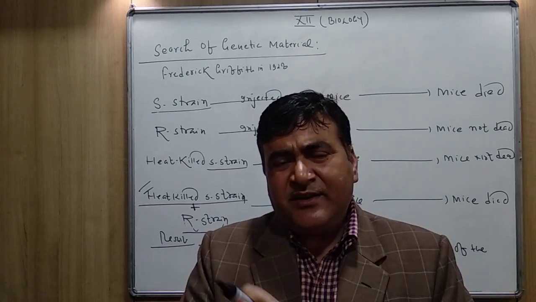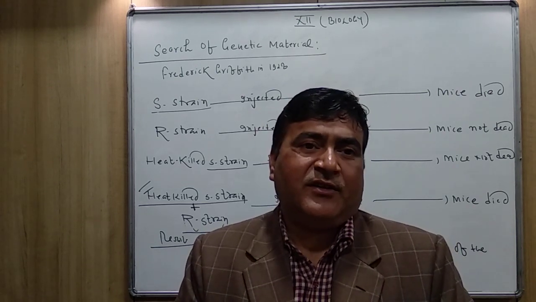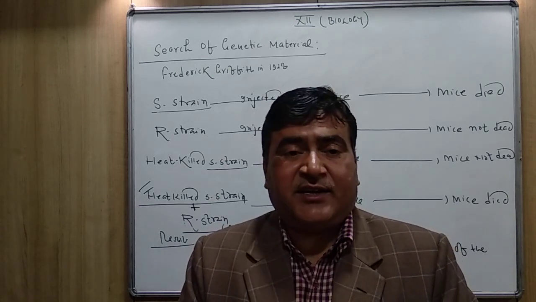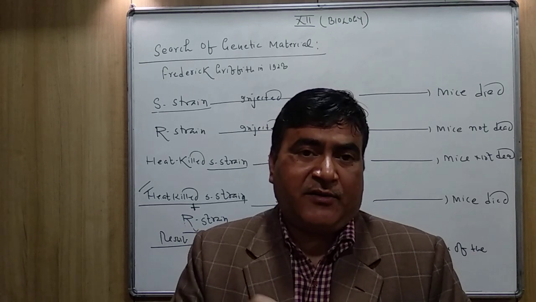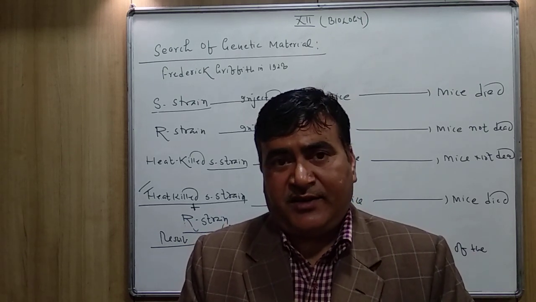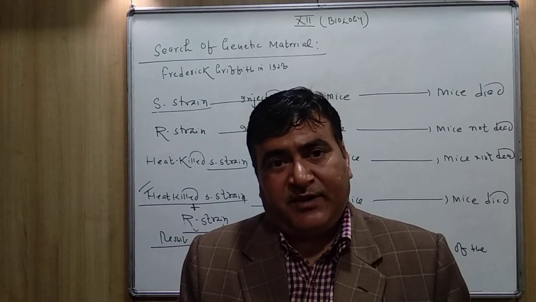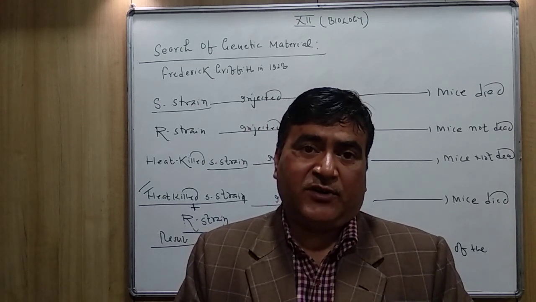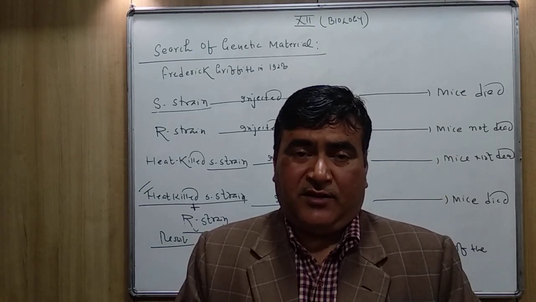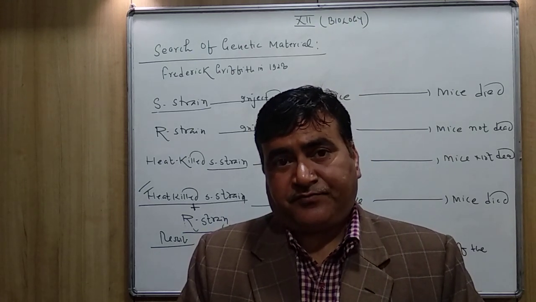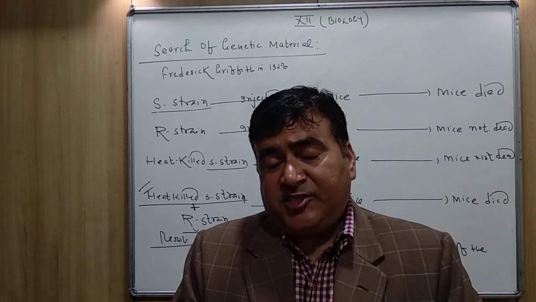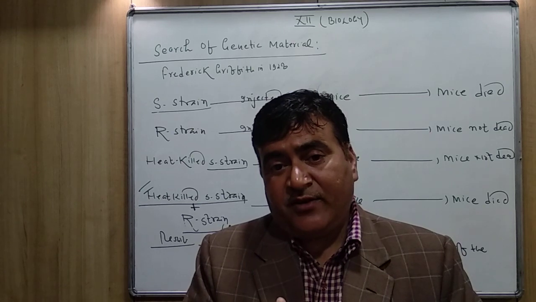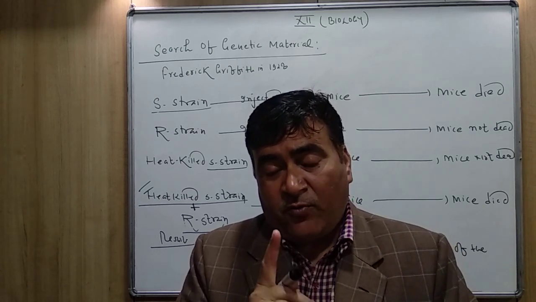Strain means a slight variety, a slight change within that particular species. So both are the same bacteria, Streptococcus pneumoniae. The S strain of Streptococcus is also known as the virulent strain.